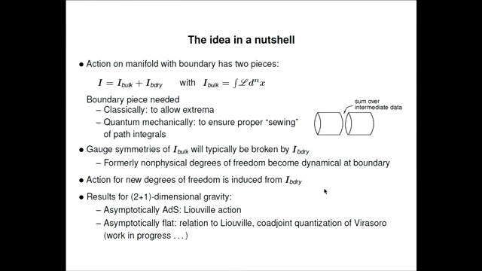Now, for an action without gauge symmetries, this is all fairly straightforward and non-controversial. If you have gauge symmetries, though, things change a little bit, because typically, unless you are very careful and very lucky, the boundary term in your action is not going to be invariant under the full gauge symmetry.